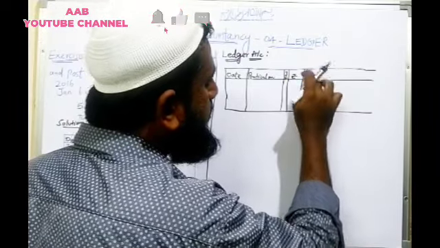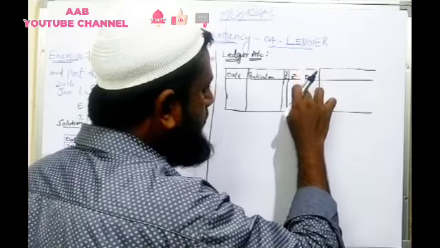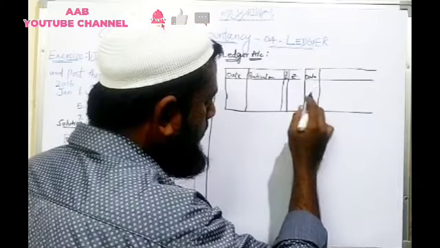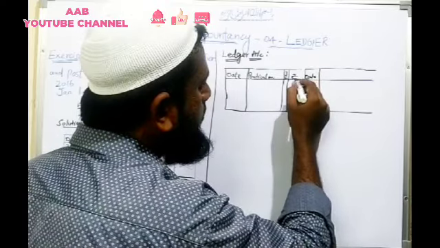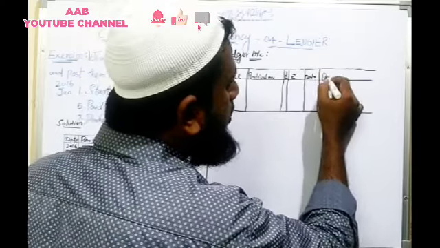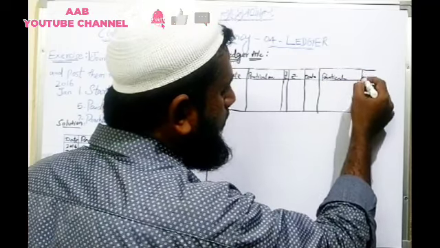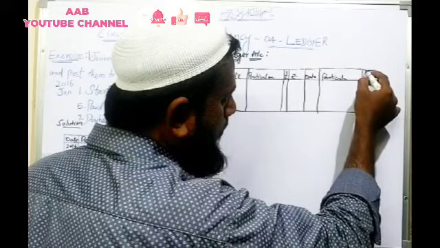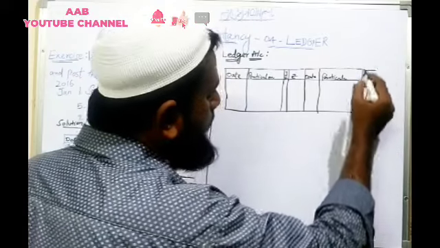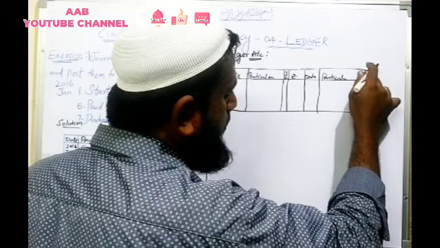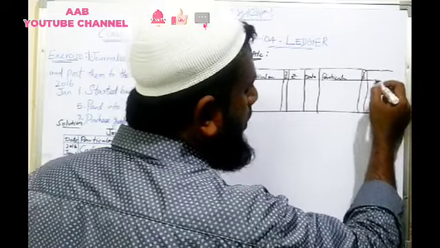Date, particulars, JF column, then amount column.